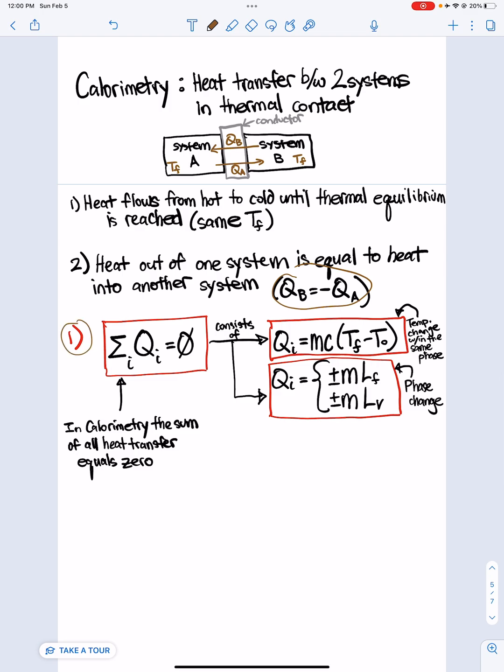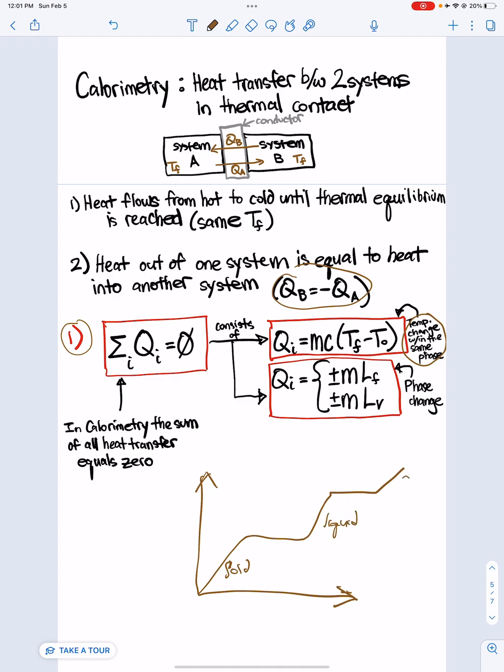Basically, the sum of all heat transfer is going to consist of two things. It's going to consist of temperature change within the same phase. So let's say this is solid, liquid, and gas. This is solid to liquid, this is the melting point.